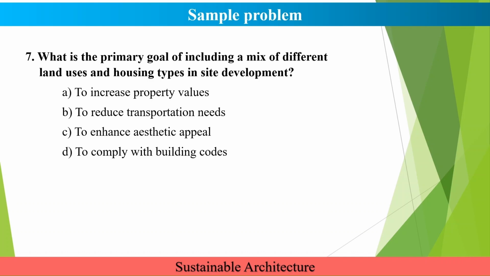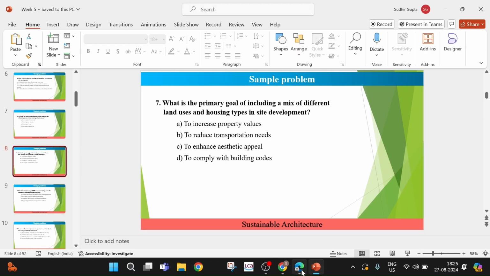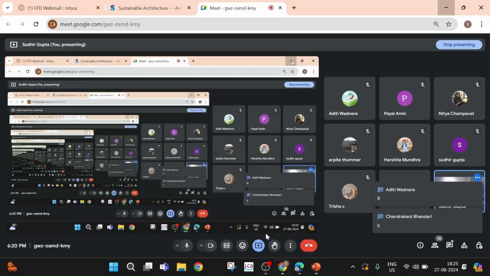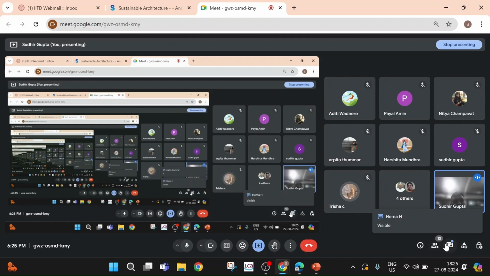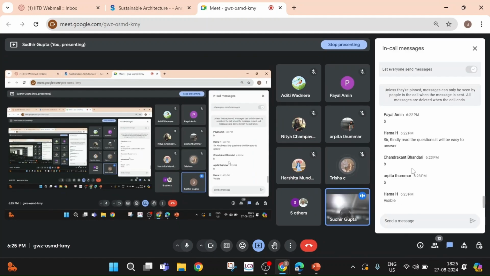Okay, am I audible? So screen is not visible. Sir, is it C? I will be reading the question for your convenience. But as per the doubts, okay.